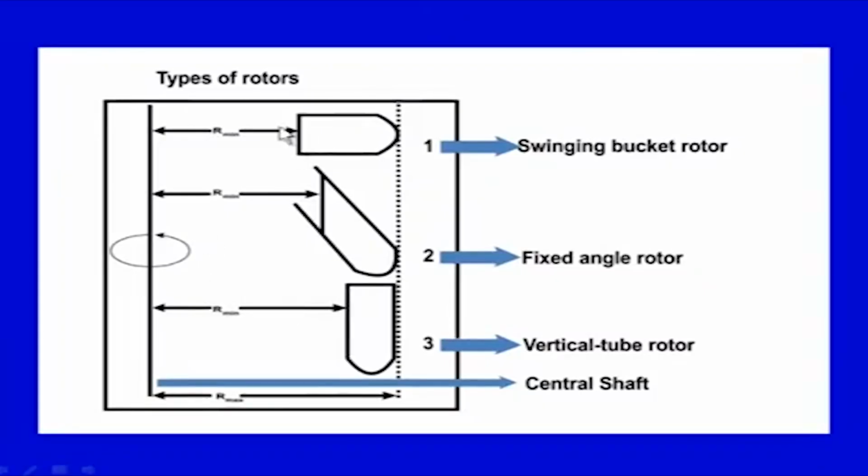Now, on your screen you can see that there are three rotors we have shown you here. This is the swinging bucket rotor, this is the angled or fixed angle rotor, and this is the vertical tube rotor, where the tube is in a vertical position. This is the central axis of rotation.